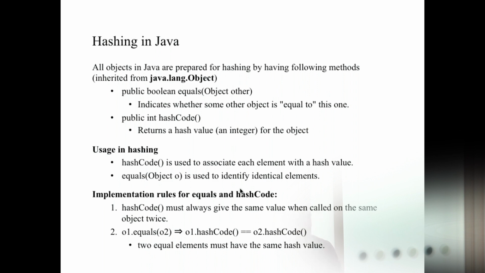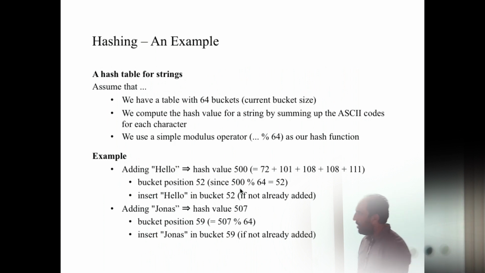If two objects are equal, then they should also have the same hash code. The property of the hash code function is that if you call it on the same value 100 times, it should give you the same value.